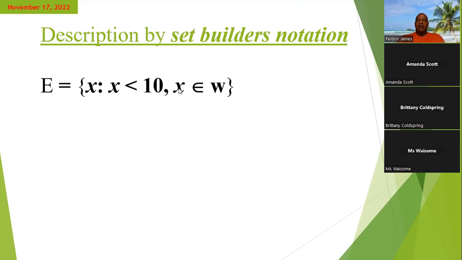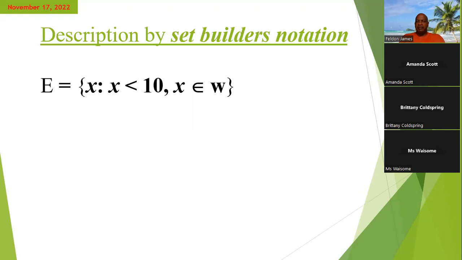And then another description is that X is a member of the whole numbers. So clearly this set is described as a set where X is less than 10, and X also has to be in the set of whole numbers. Any questions at all? Raise your hand, and let us continue from here.